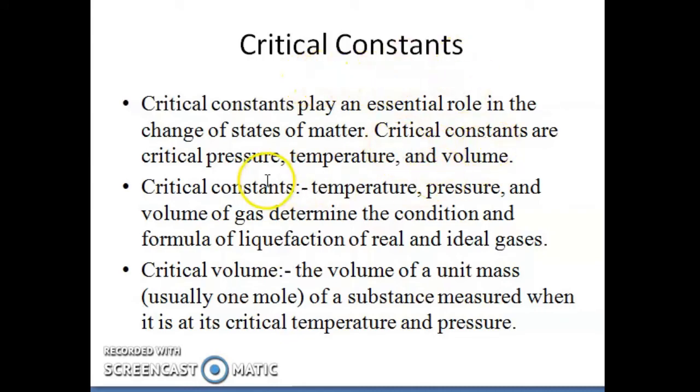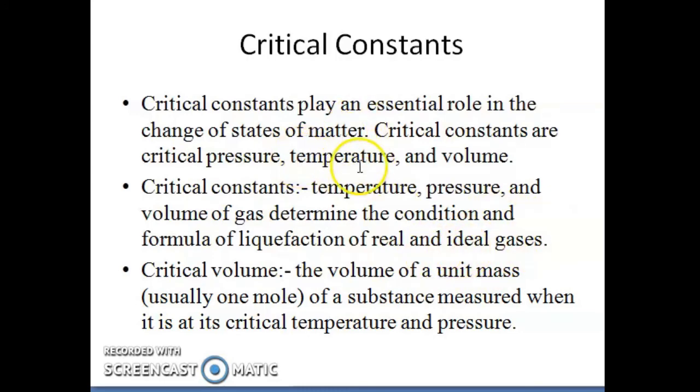Critical constants are the critical pressure, temperature and volume. Temperature, pressure and volume of any gas will determine the condition and the formula required for the liquefaction of real and ideal gases.